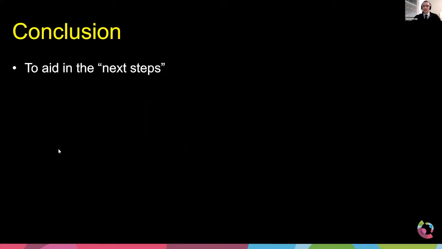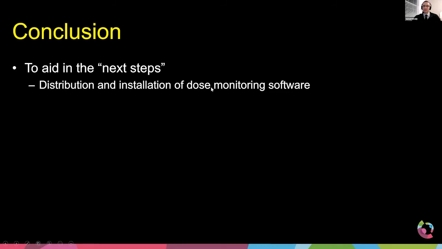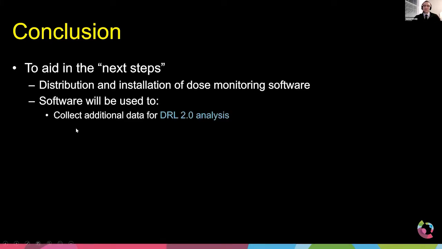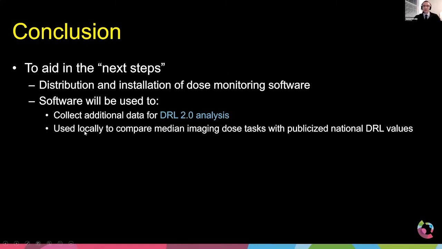To aid in these next steps, we need the distribution and installation of monitoring software that will make this much easier than continually doing this manually. Software will be used to collect the data for DRL 2.0. It will be used to locally compare median imaging tasks with those publicized for the national DRL.